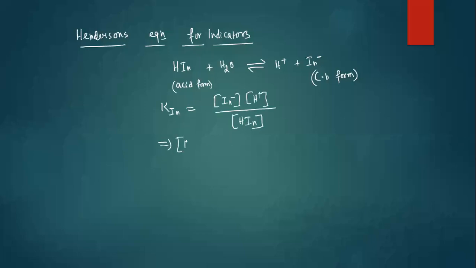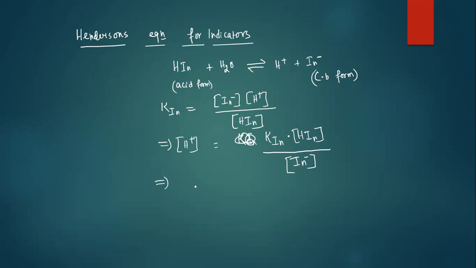Now, the concentration of H+ is what? KIn, this In will be in subscript, into HIn concentration. Below that, it will be In-. So, if you take log of both sides, you get log H+ equals log KIn plus log HIn by In-.